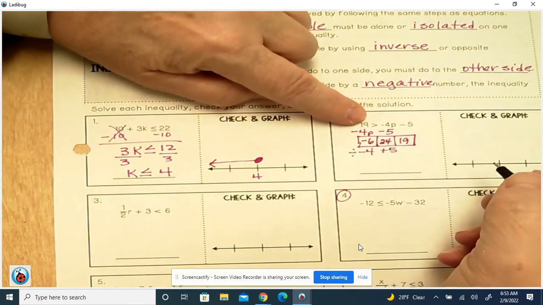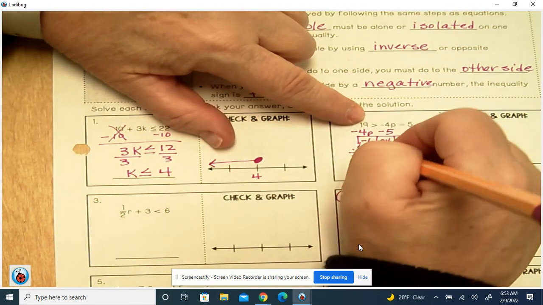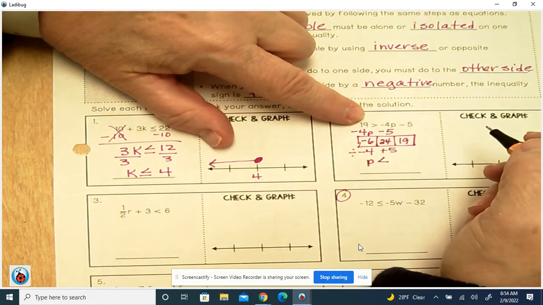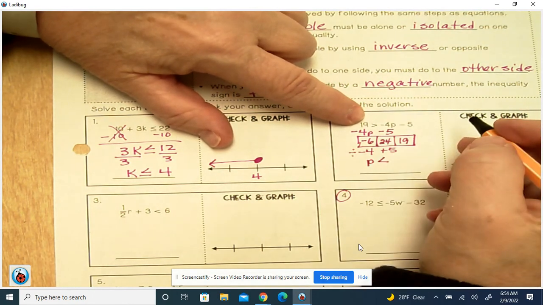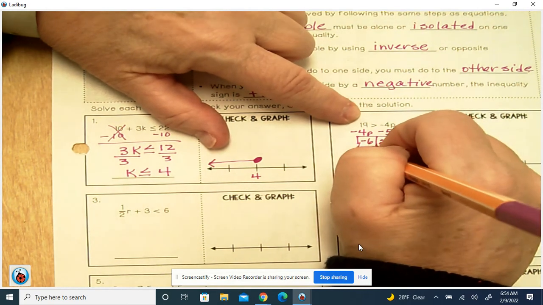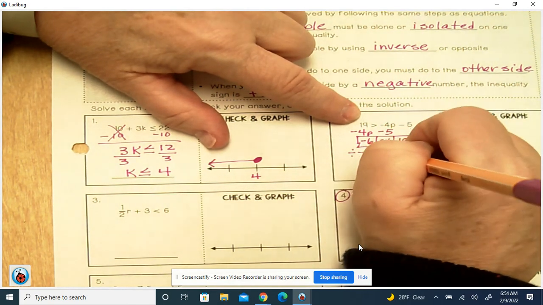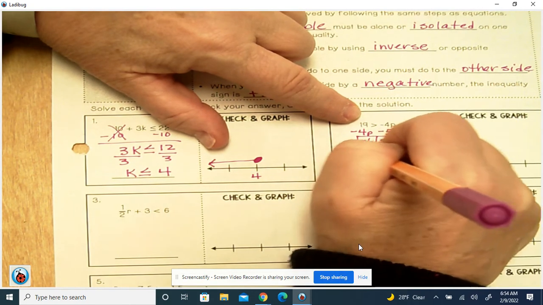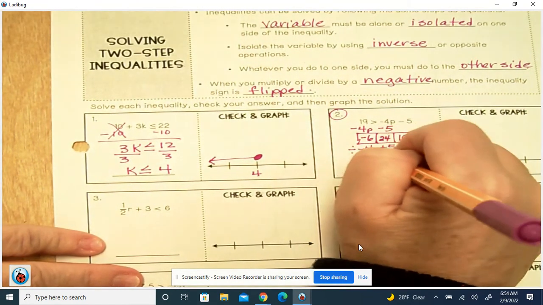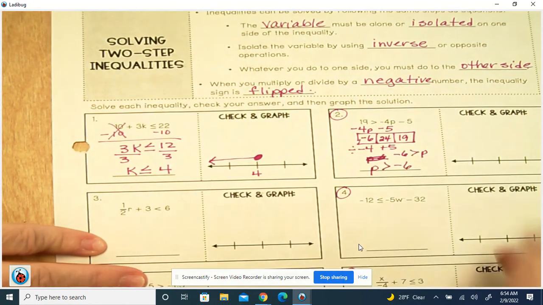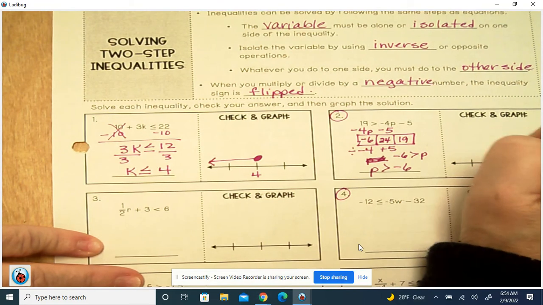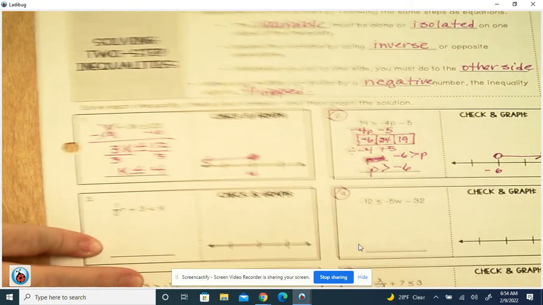We divided by a negative, so we're going to switch that sign. So P is less than negative 6. No, that would be, let's rewrite that. Negative 6 is greater than P. Remember, we could switch them by changing it. P is greater than negative 6. We've got negative 6. There's no equal sign underneath that one, so it's open and shaded to the right.